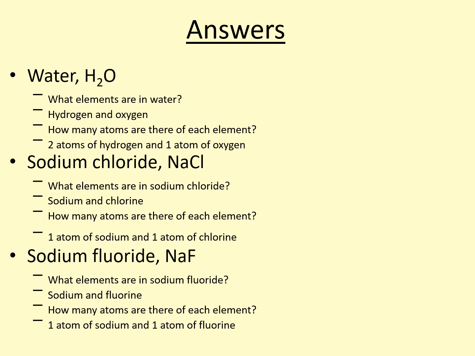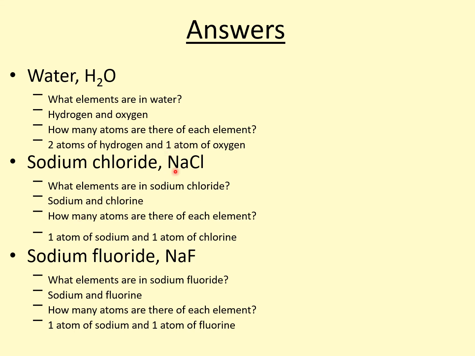Okay, so in water, there are the elements hydrogen and oxygen. There are 2 atoms of hydrogen for every 1 atom of oxygen. In sodium chloride, you've got sodium and chlorine.